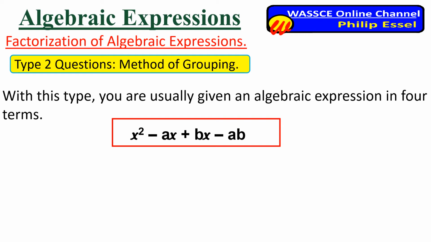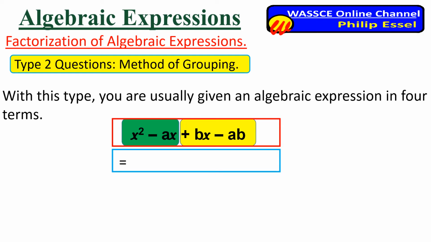So usually we put the 4 terms into groups of 2. Each of the groups would have common factors. So in this case, we'll represent the first group by this green shaded area and the second group by this yellow shaded area.